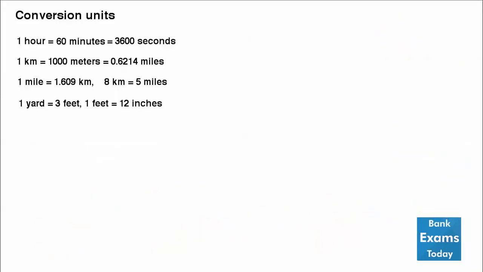To solve the questions from time, speed and distance, you should know these basic conversion units. First of all, 1 hour is equal to 60 minutes and 1 minute is equal to 60 seconds. So 60 multiplied by 60 is equal to 3600 seconds. 1 kilometer is equal to 1000 meters, and 1 kilometer is equal to 0.6214 miles.